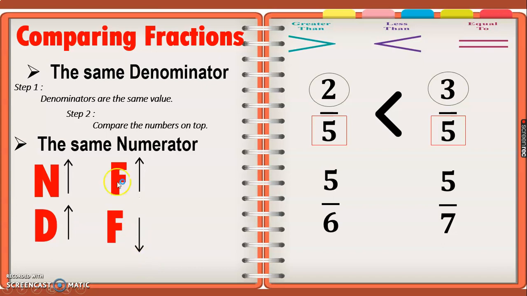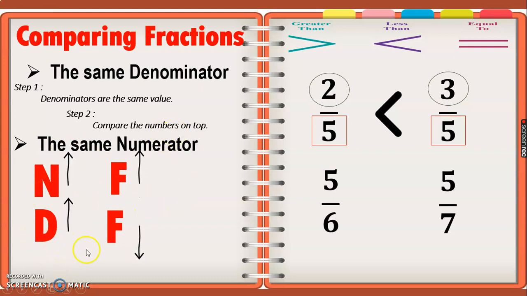Do you understand, kids? Again, when you say the same numerator, like 5 over 6 and 5 over 7, which one of them is greater? So again, if the numerator is higher, the fraction is higher too.